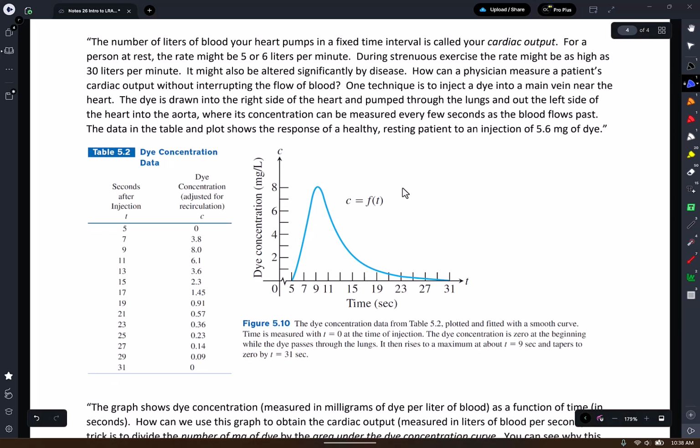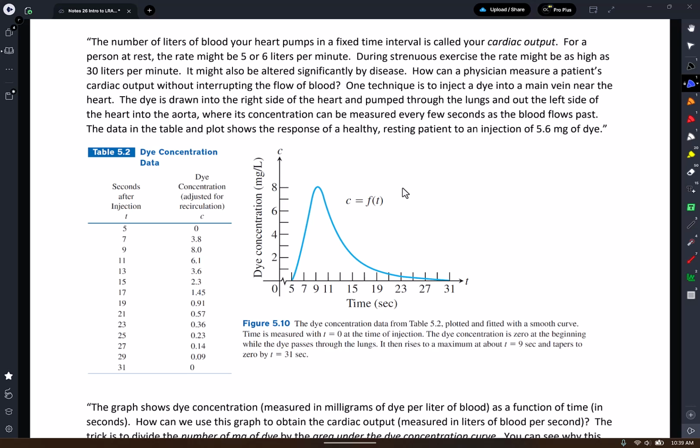The number of liters of blood your heart pumps in a fixed time interval is called your cardiac output. For a person at rest, the rate might be 5 or 6 liters per minute. During strenuous exercise, the rate might be as high as 30 liters per minute. It might also be altered significantly by disease. How can a physician measure a patient's cardiac output without interrupting the flow of blood?